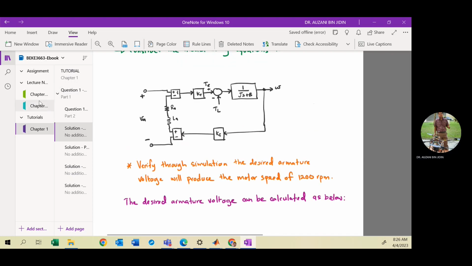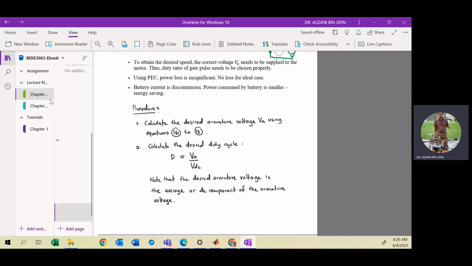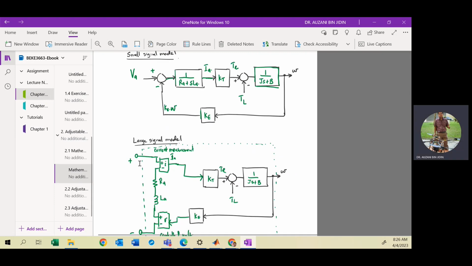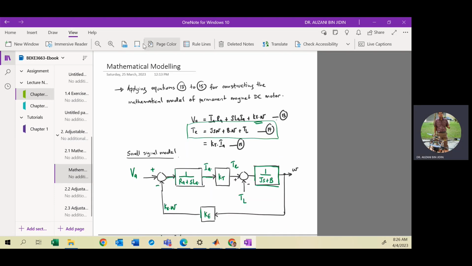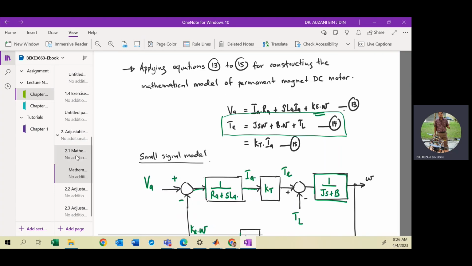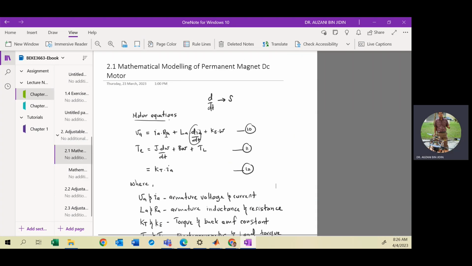Remember, initially you start from the DC motor equation, then you transform to the S domain.